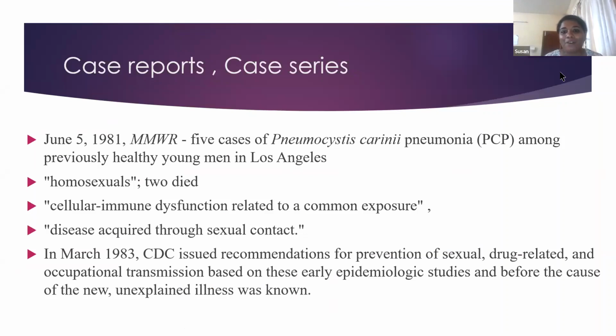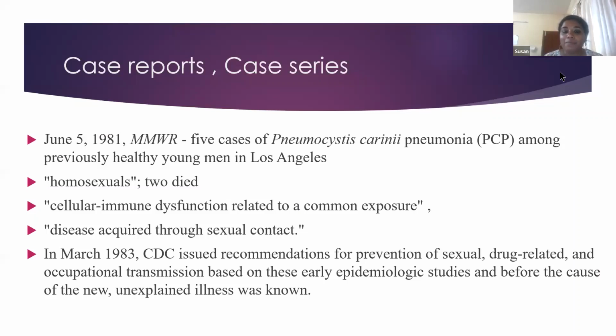But let me bring about this example of a disease, where in 1981, 5 cases of pneumocystis carinii pneumonia were reported in healthy males in Los Angeles, US, all of whom were categorized to be homosexuals, and 2 of them died.